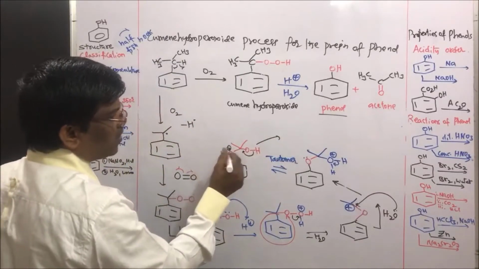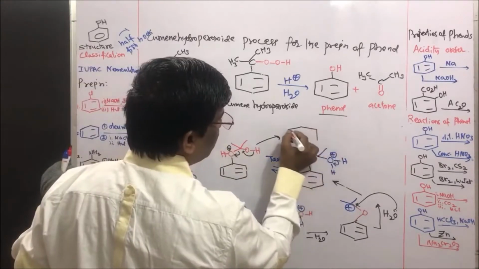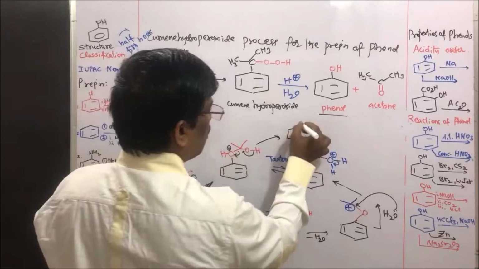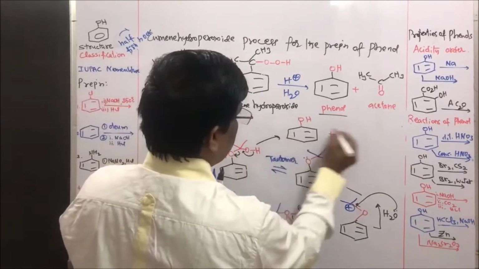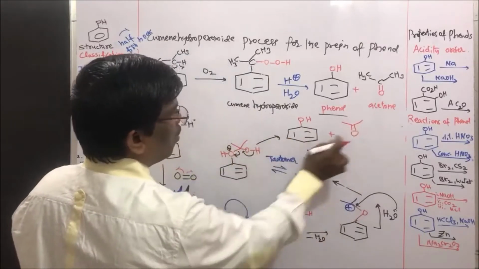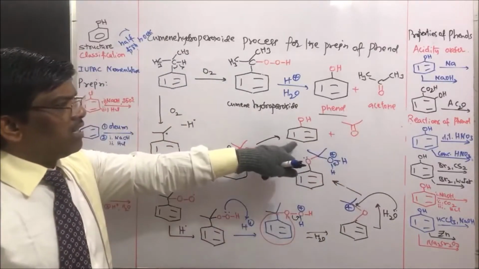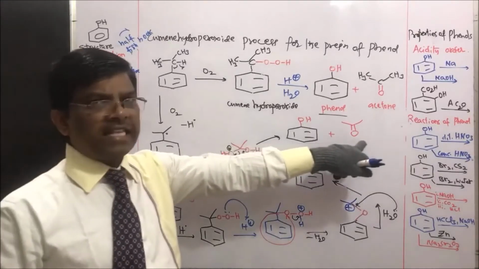Because it is having a positive charge, it takes up this bond to give phenol, with oxygen and OH, and here the remaining part goes out as a double bond O. So what is the outcome? The overall outcome is phenol and acetone.